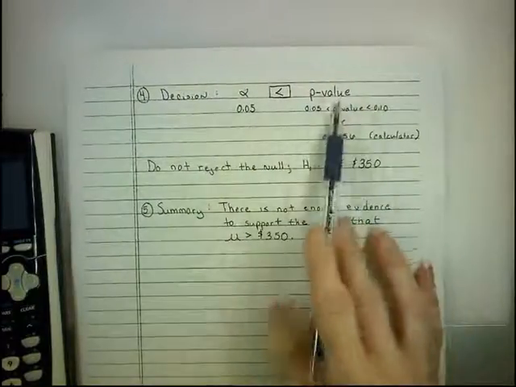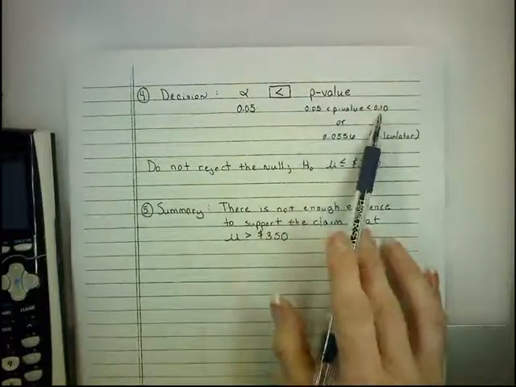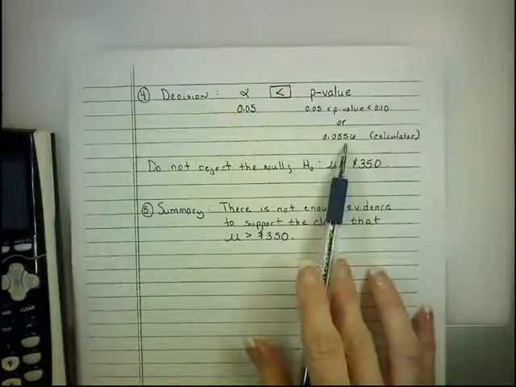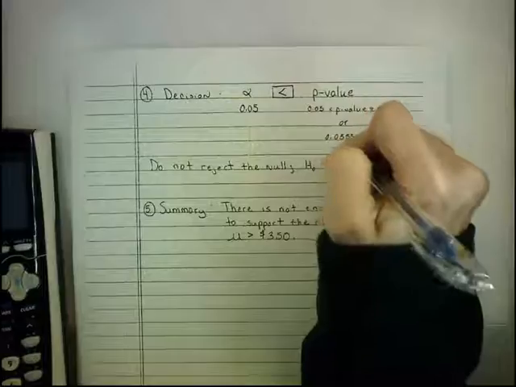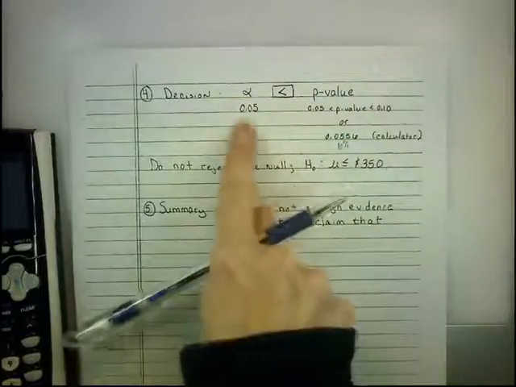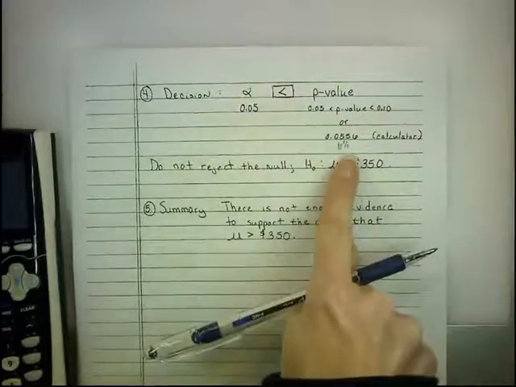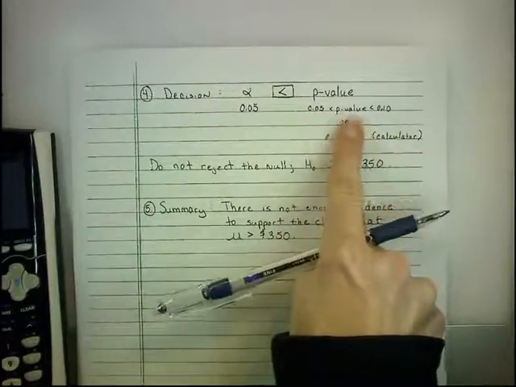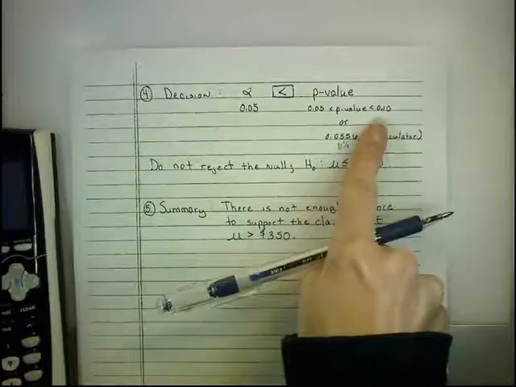Your p-value is not 5%, it's not 10%, but it's somewhere in between. The calculator says it's almost 6%. So alpha is less than the p-value, or any possible p-value here, 6%, 7%, 8%, 9%, 10%.